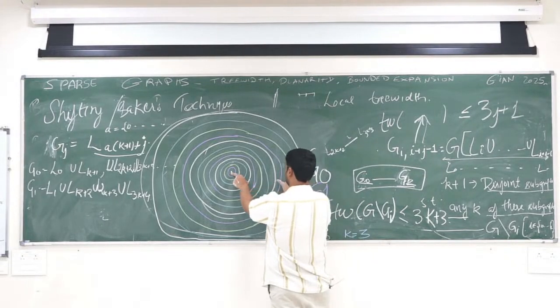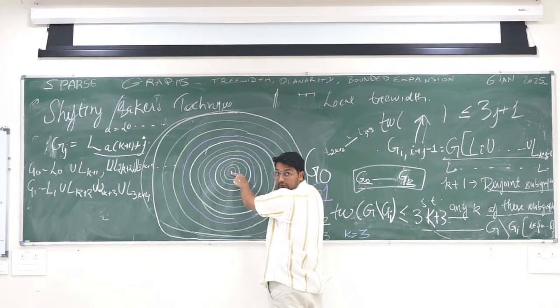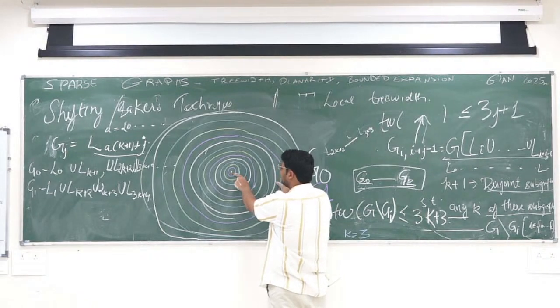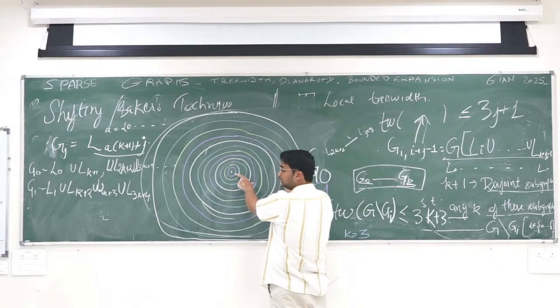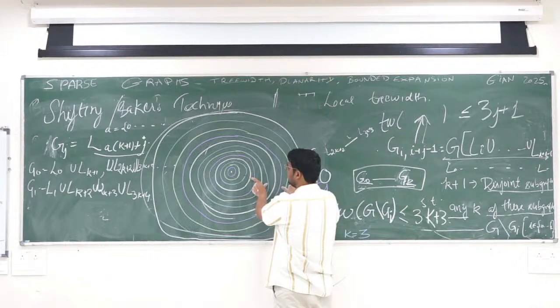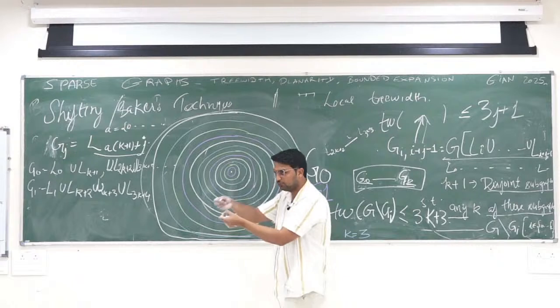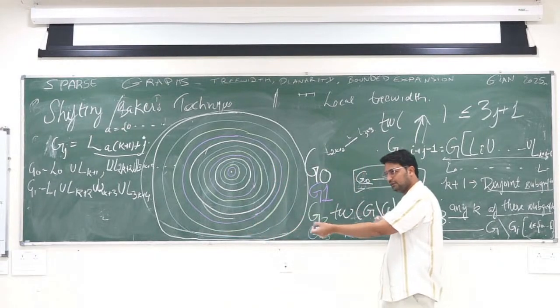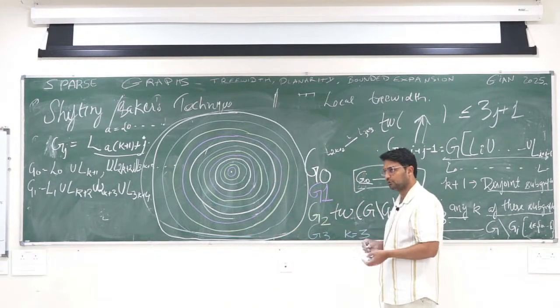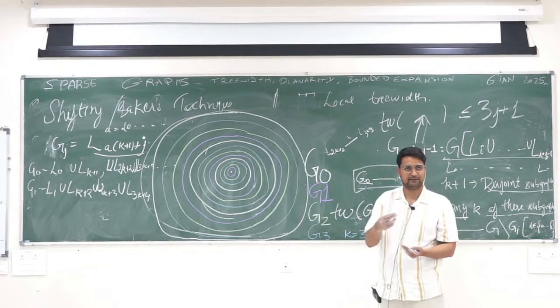So all of these layers, if you are looking, belong to G0. Okay? The immediate next layers are G1. Then next layers are G2. And similarly, I go back to Z0 again. G0, G1, G2, Z3. Okay. So this is how my Gi's are defined.